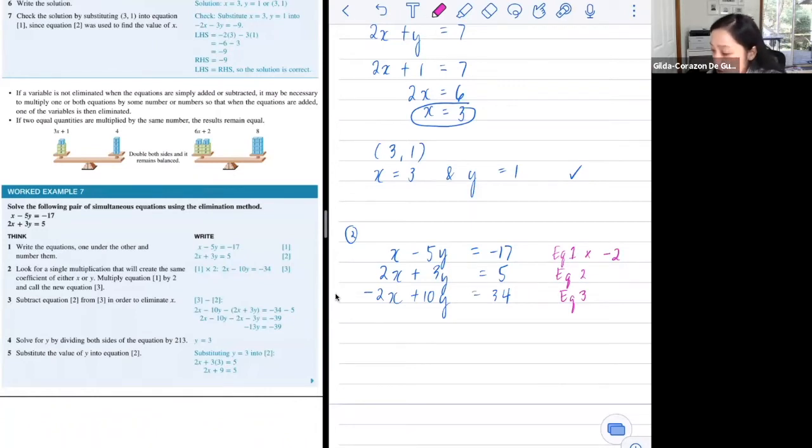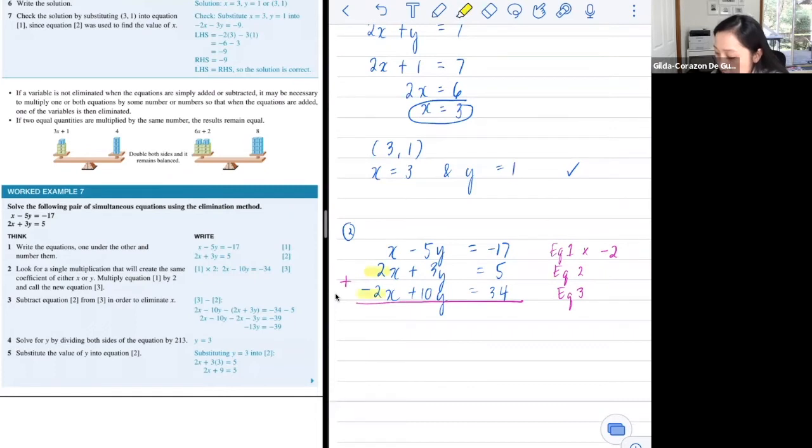Okay, so I did not change the value of that equation. I just renamed that equation so that it suits what I need to do with these equations.